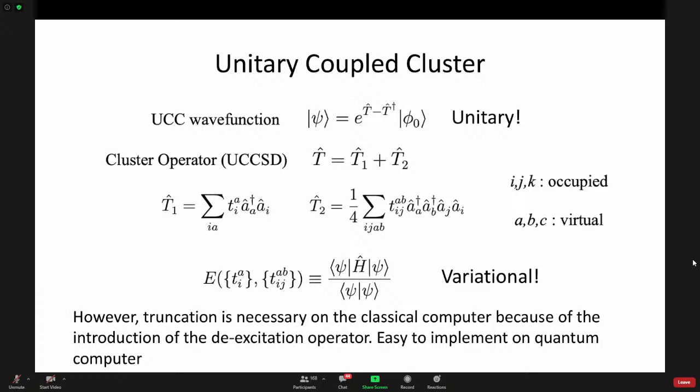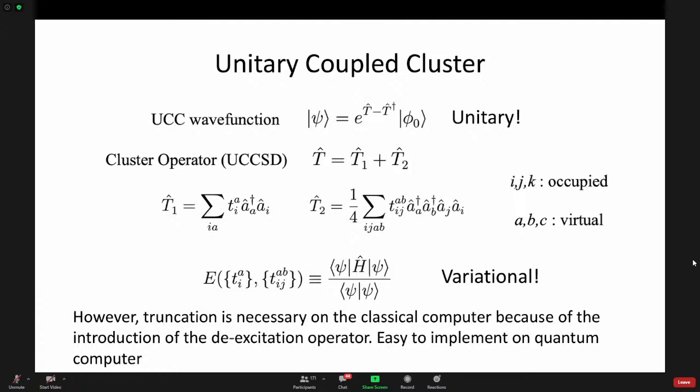Well, I would like to briefly explain another advantage. If we want to implement this unitary coupled cluster on a classical computer, because of this term, we need to truncate a term to realize the program to run on a classical computer.